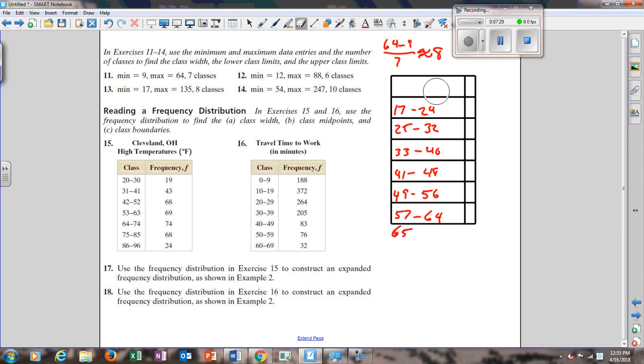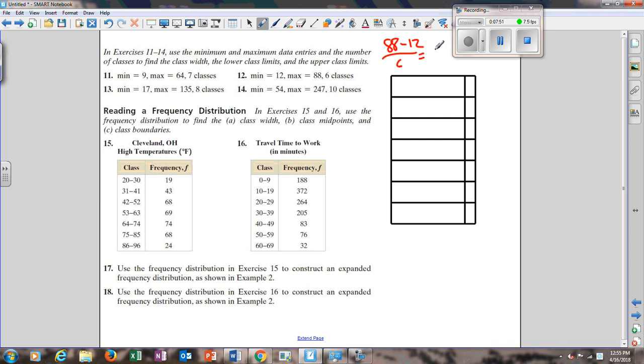Number 12 is going to have 6 classes. So we start by doing 88 minus 12, divided by 6.